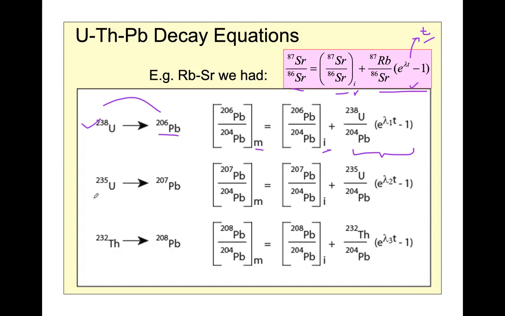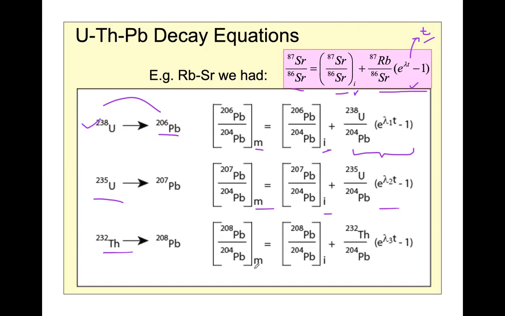Similarly, you can have the 235 system, which produces 207. So 207 measured equals 207 initial plus radiogenic product, right? So these are the two uranium systems. And for thorium, 232 thorium produces 208 lead.